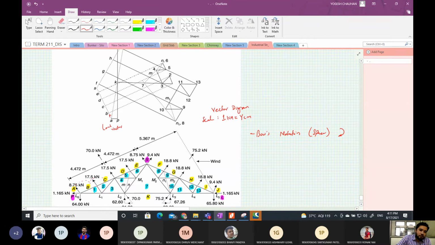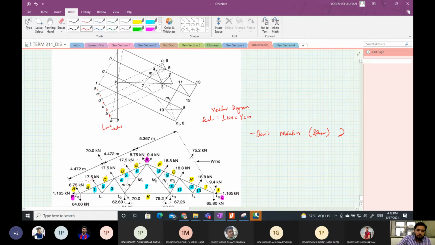So you draw a line B to C, again in the direction of this 17.5 kilonewton, and its length will be 17.5 centimeter. Then C to D, then D to E, then E to S. Now the directions will be in the opposite direction, because the roof on the right side is a mirror of the left side.